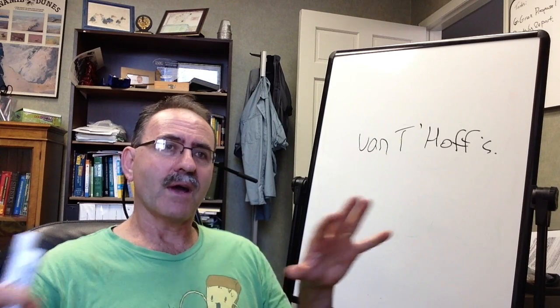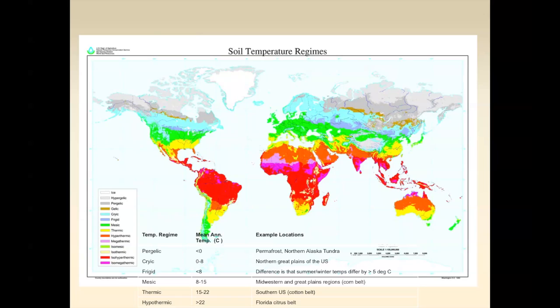So again, we've got another world map, of soil temperature regimes. I'm not going to go through each one of them, except to say that we are in what is known as the cotton belt. We're in this thermic regime over here. So most of our average soil temperatures are between 8 and 15 degrees C. That's our average temperature over the year.